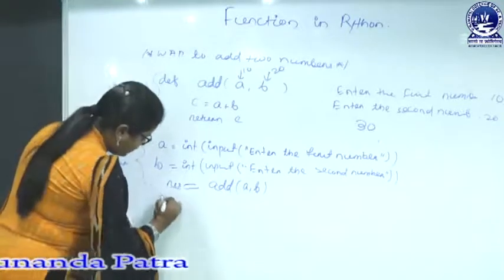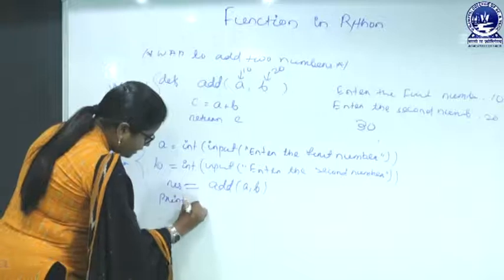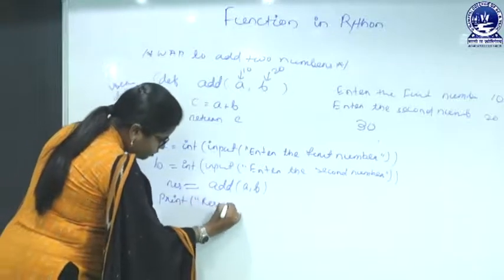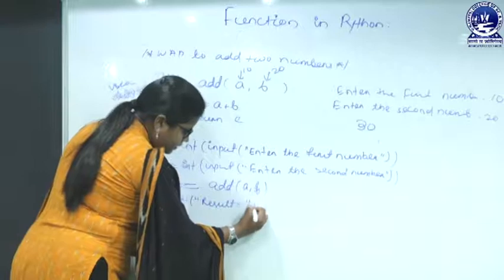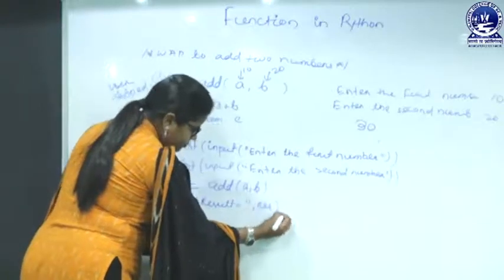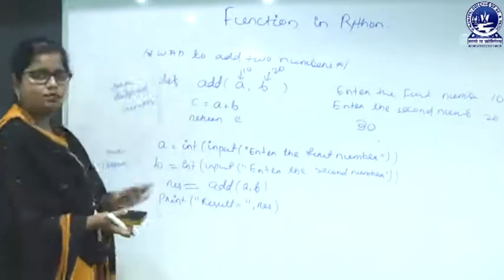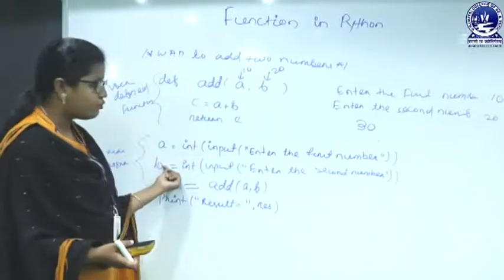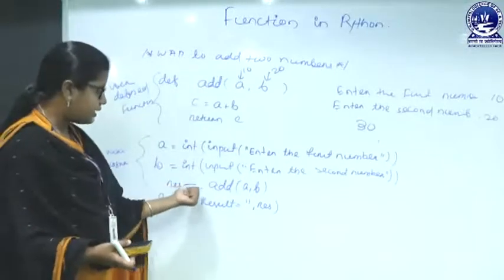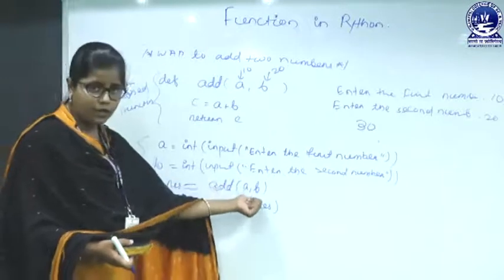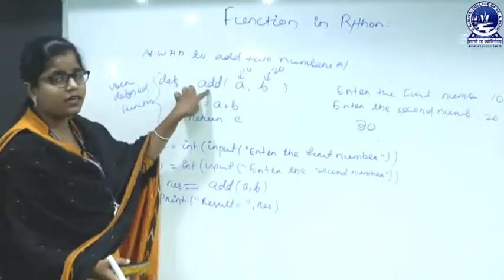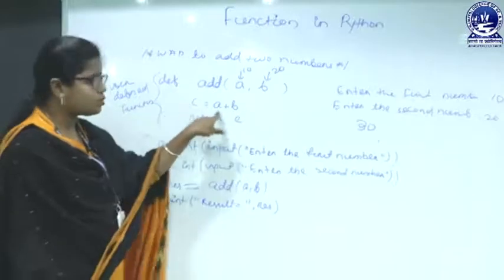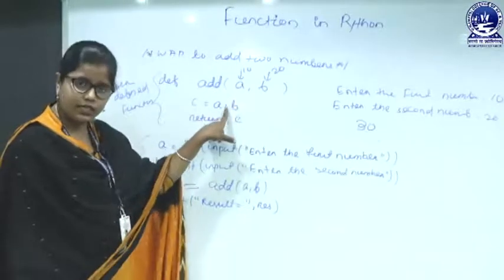Now, I can print result equals res. So, this is my main program. A equals 10, B equals 20. Now, result equals add 10 and 20. The execution will come to here. C equals 10 plus 20, that is 30.